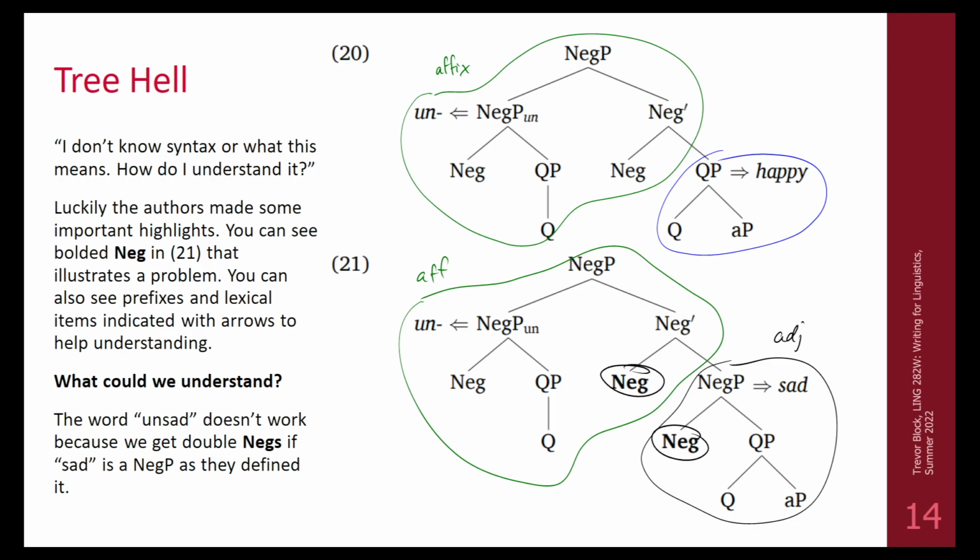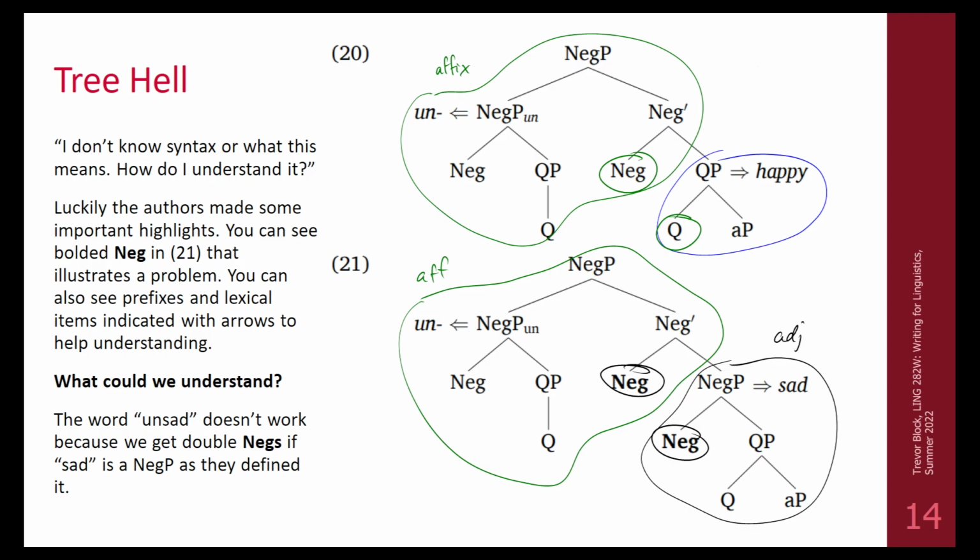If we compare this to the positive one, the positive adjective doesn't have a negative above it, so it's just negative and then the positive gradable adjective. In order to understand this, I did have to go back and read in more detail to see exactly where these affixes came from in the trees. But if I circle some of these things, I can get a clearer picture of what's happening.